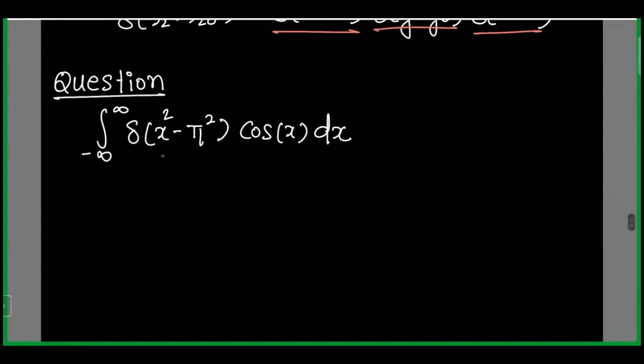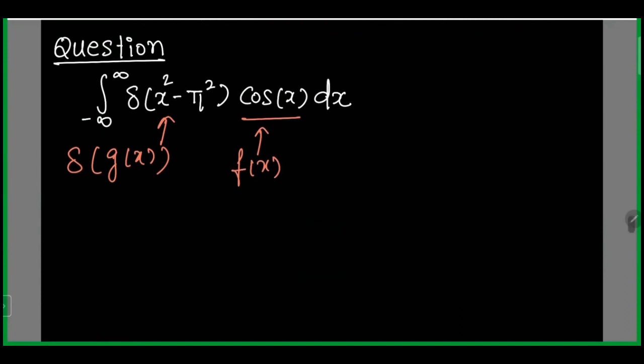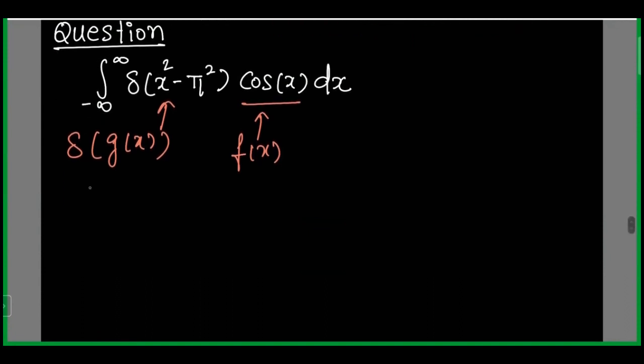So here you can clearly see you get a delta function, and inside the delta function there is one other function, g(x), and then it is being multiplied with some function which is f(x). So what is my g(x)? g(x) is x square minus pi square.